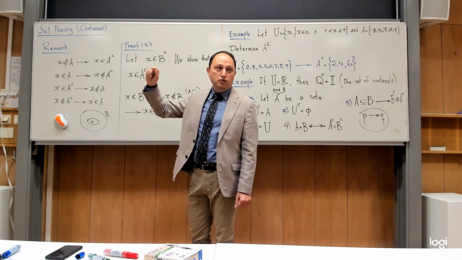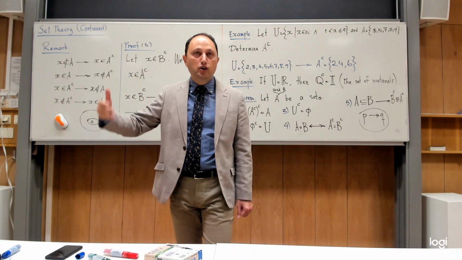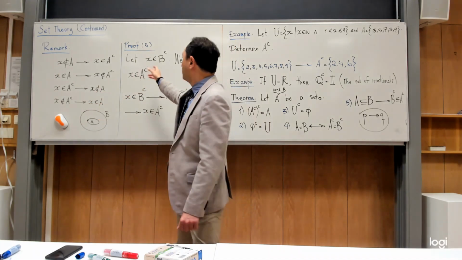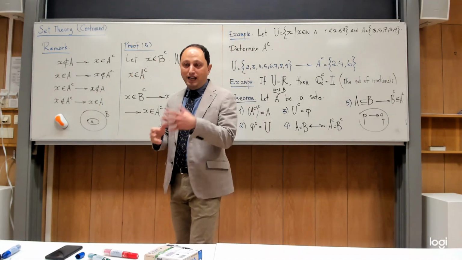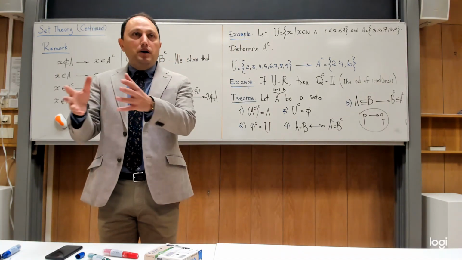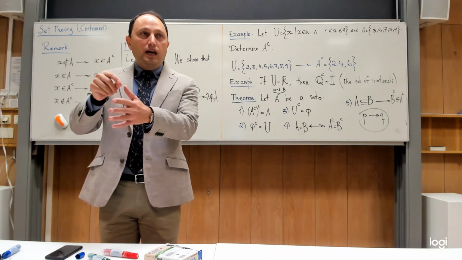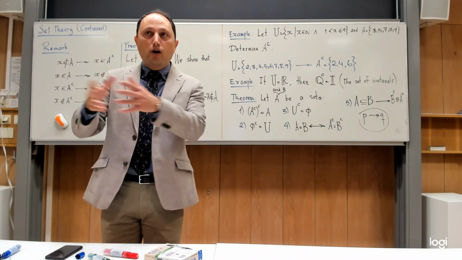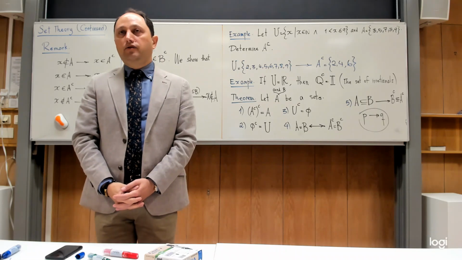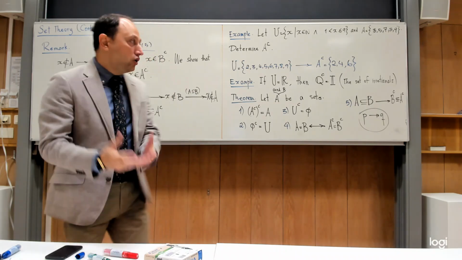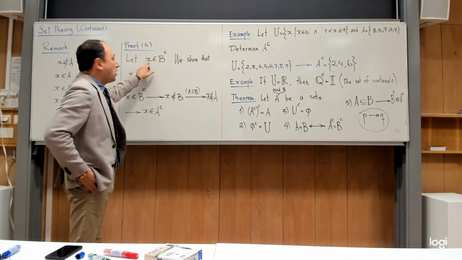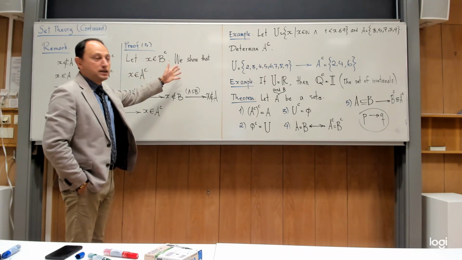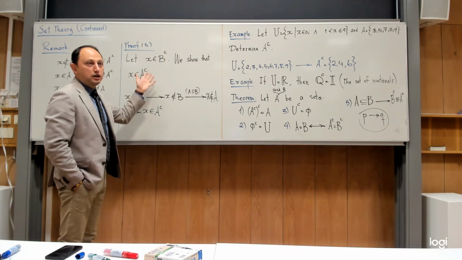I don't know what the elements in B complement are. I am telling you there are some elements there, so let me pick X to be any element of the set. You can start with, let Y belong to B complement. We show that Y belongs to A complement.